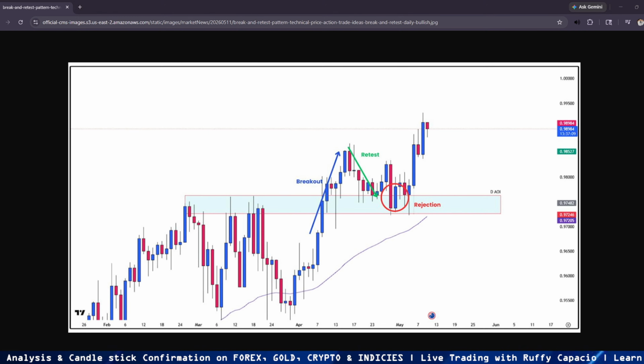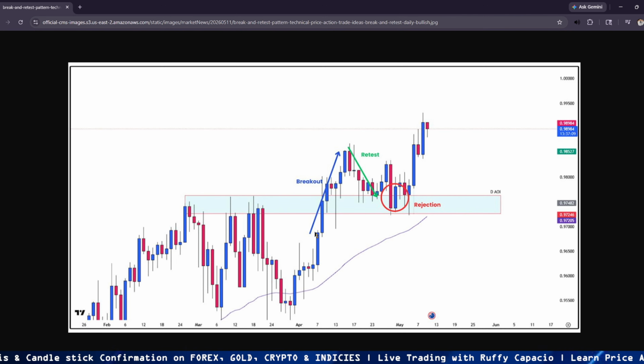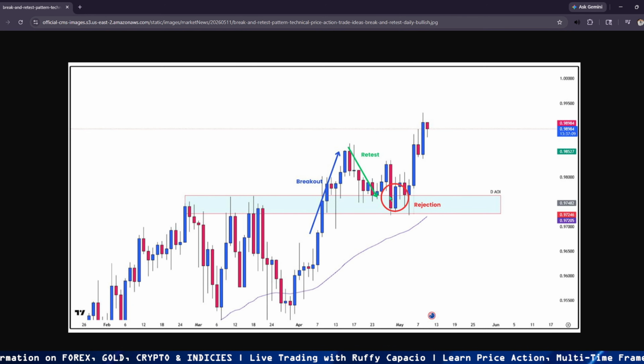As you can see here, right exactly on this breakout, because this is a strong resistance zone, this blue rectangle, I call this a resistance zone because previously price is below, therefore it could act as a resistance. Now the first step of the break and retest is the breakout.